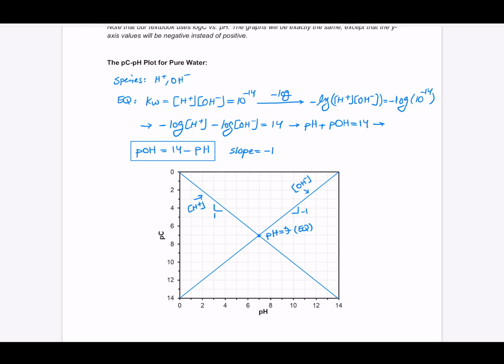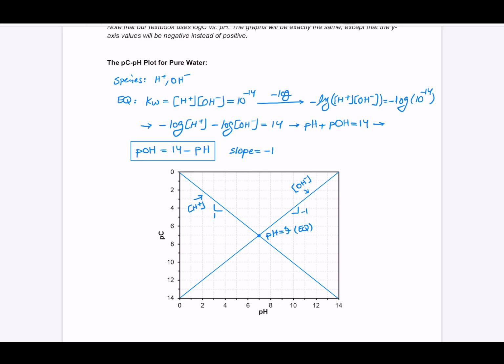One is every single species has a line here. And the second thing is these lines are linear because we're eventually dealing with a linear equation, because we use these logarithmic P terms. So it makes everything linear.